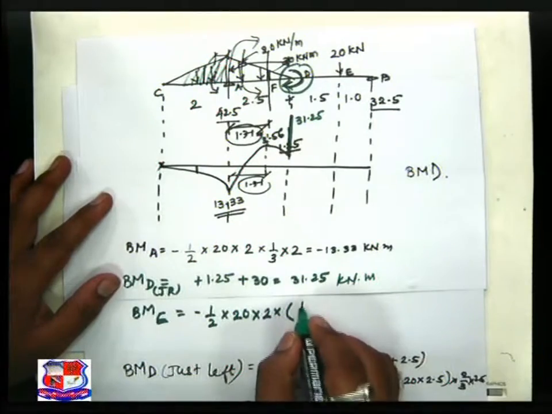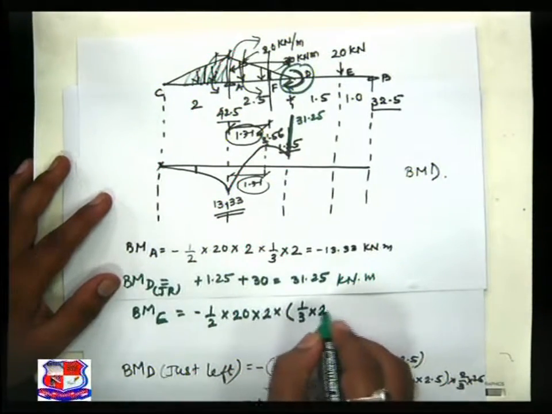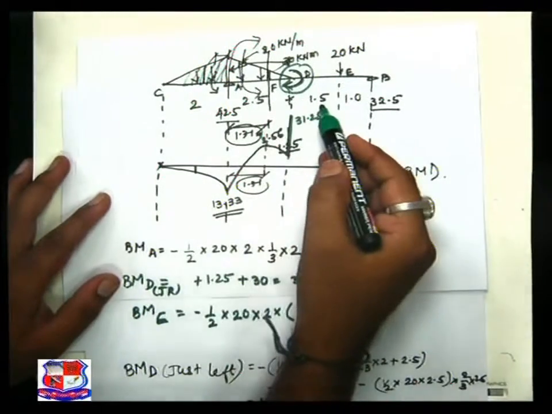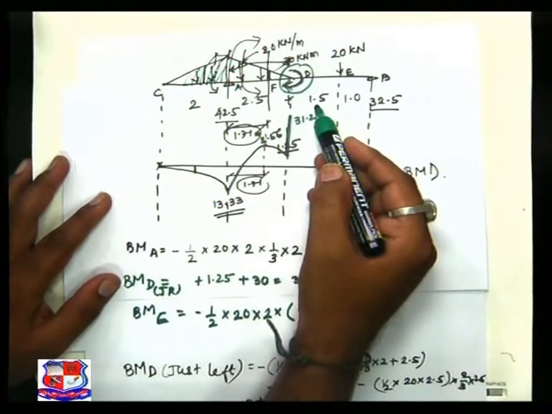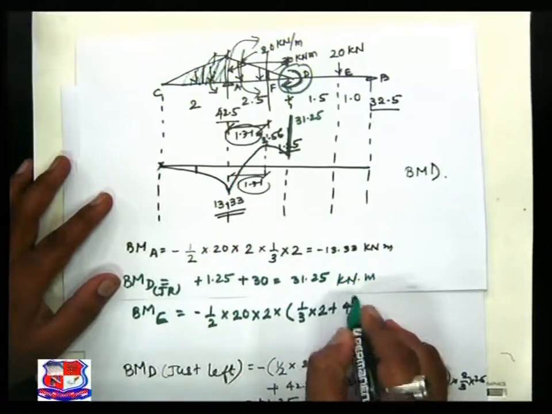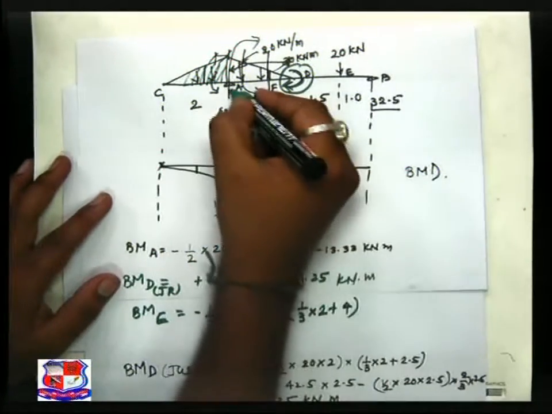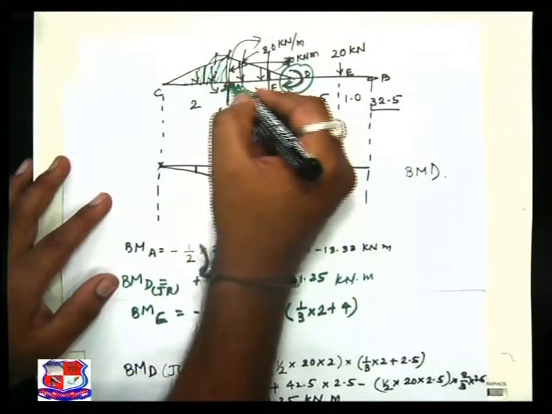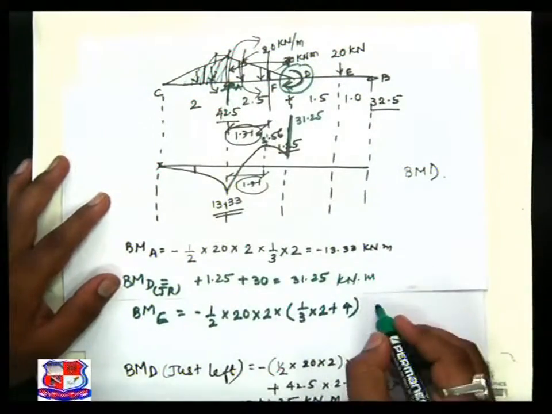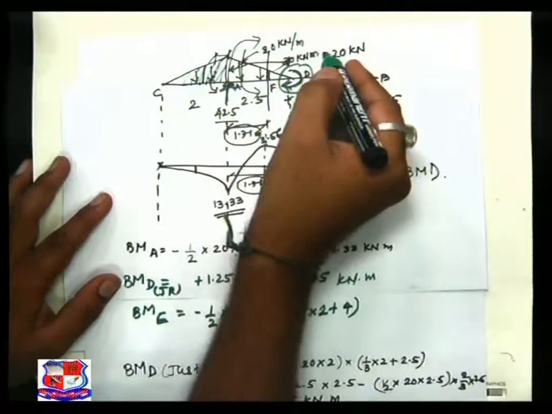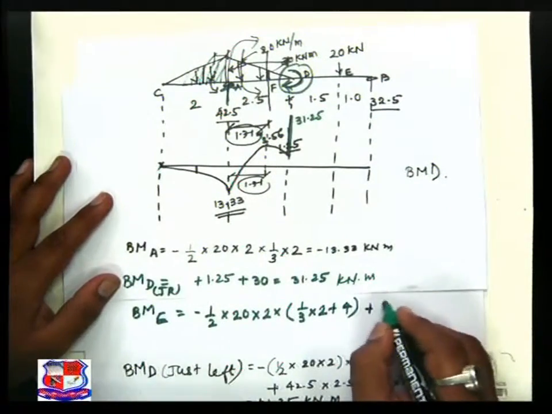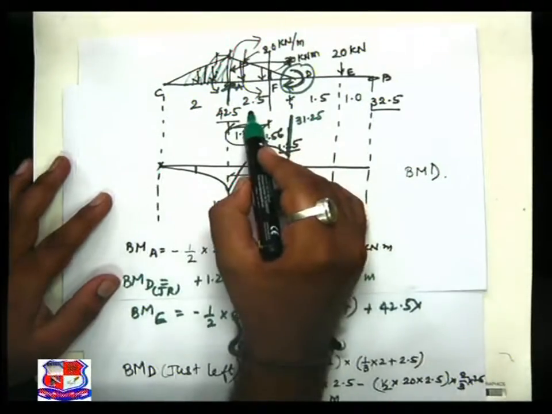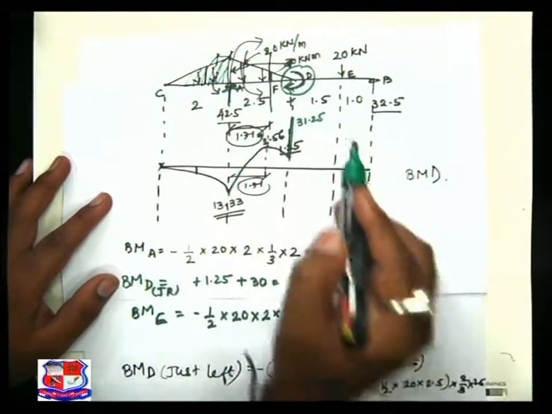The distance is 1/3 of 2 plus 2.5 plus 1.5. 2.5 plus 1.5 is a value of 4. Another force is this point load, that is the reaction itself at point A, and which creates a sagging nature. So plus sign 42.5 into once again 2.5 plus 1.5, that is 4.